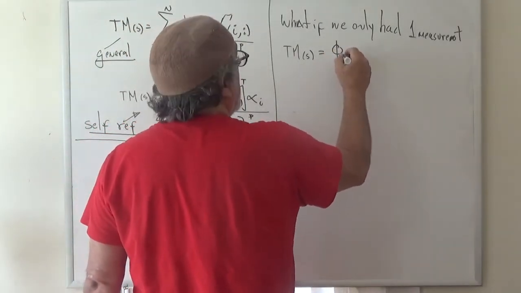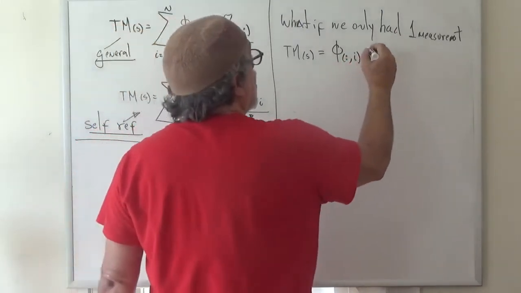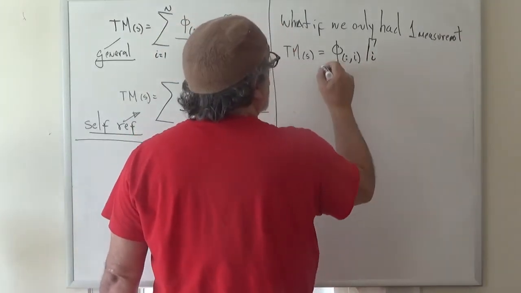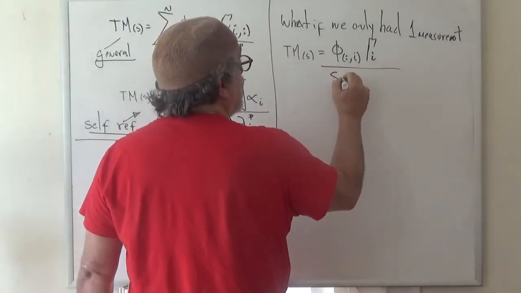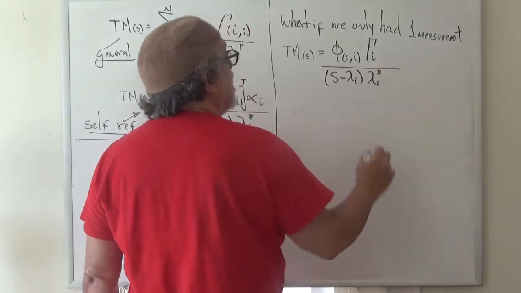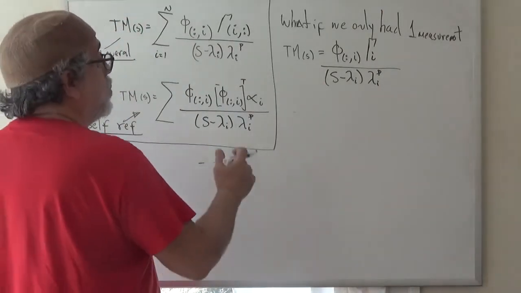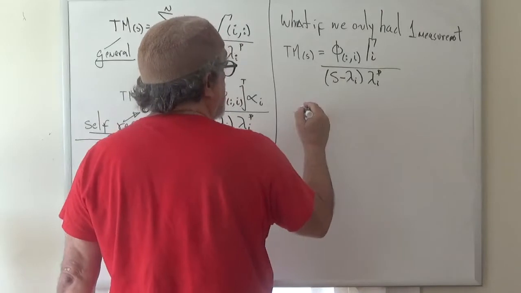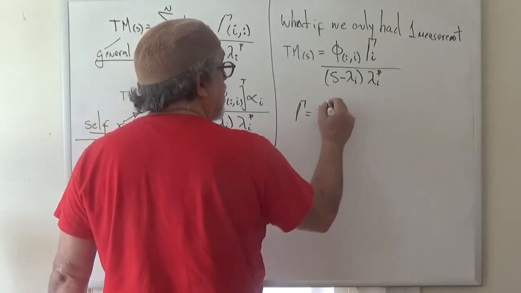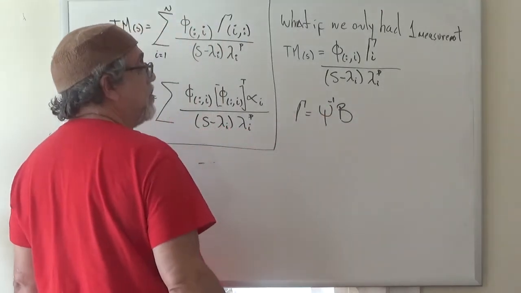So we'd have phi, the ith column, multiplied times, this would just be a scalar because there wouldn't be any more rows. And so this would be like this. In order to keep clarity as much as possible, remember that the definition for tau is equal to phi to the minus 1 times B, where these are the eigenvectors of the A matrix, right?